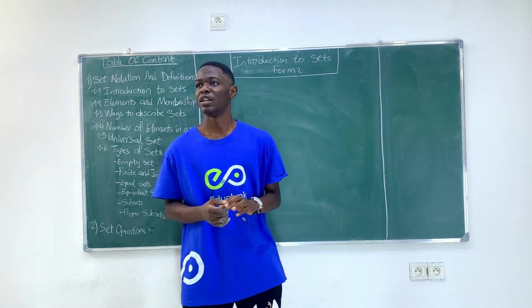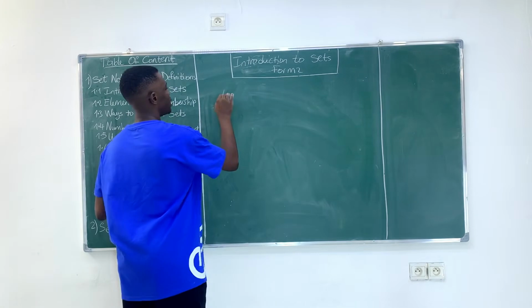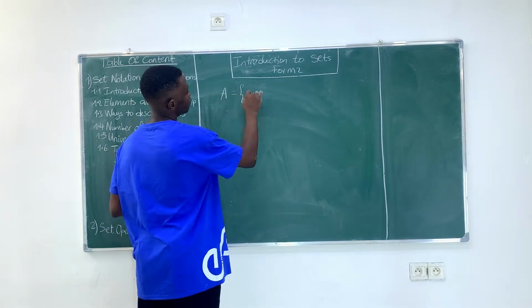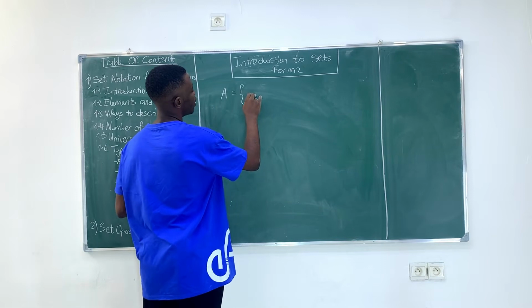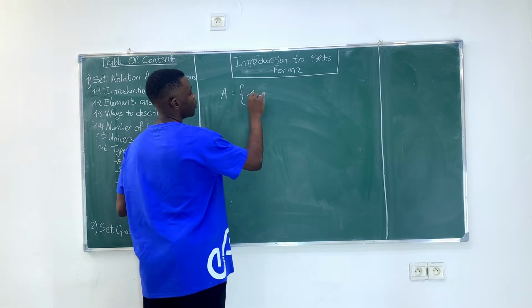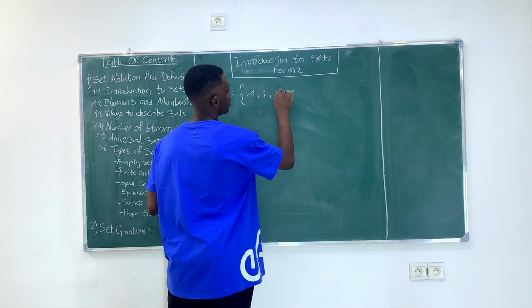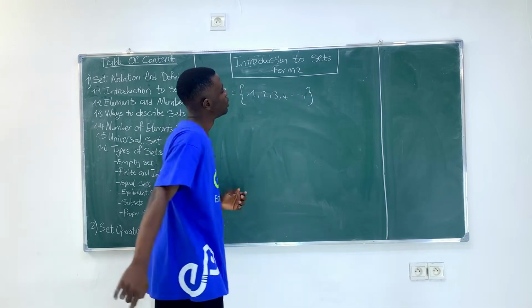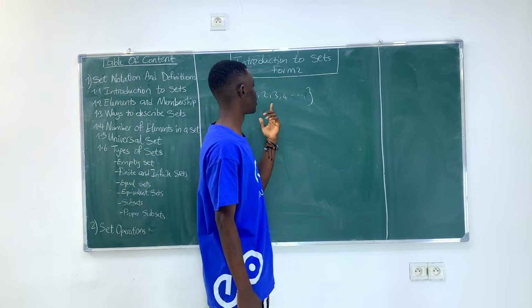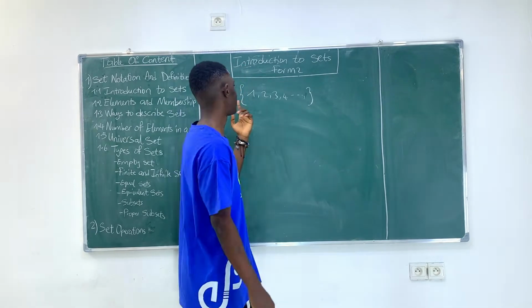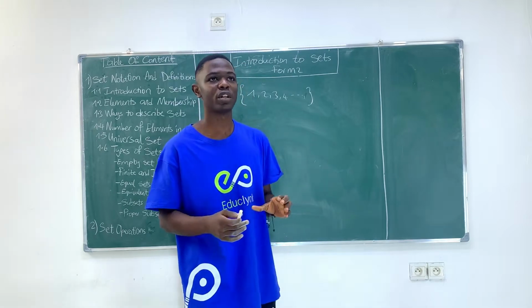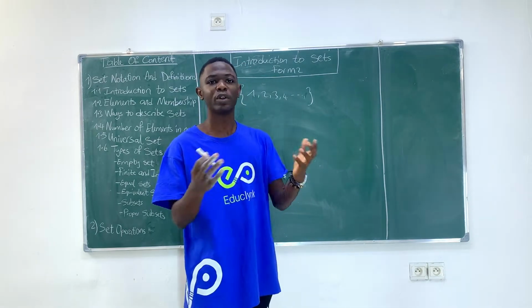Or your set can be written as A equals 1, 2, 3, 4, and so on. So this is a set which contains all natural numbers from 1 to positive infinity. So it is a way to describe a group of things.